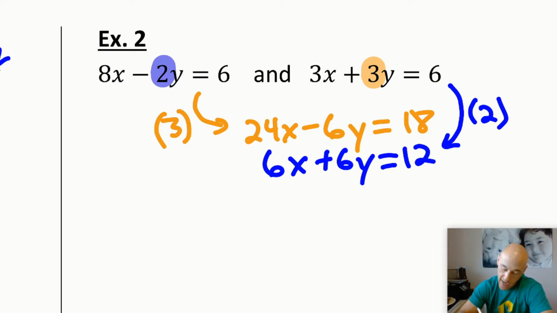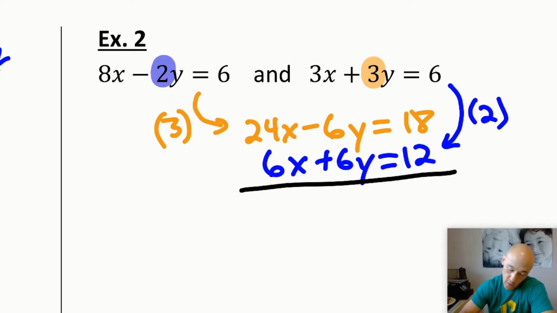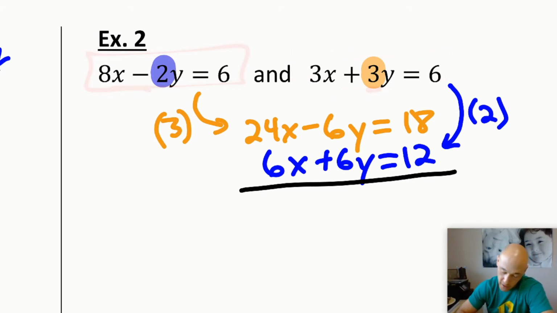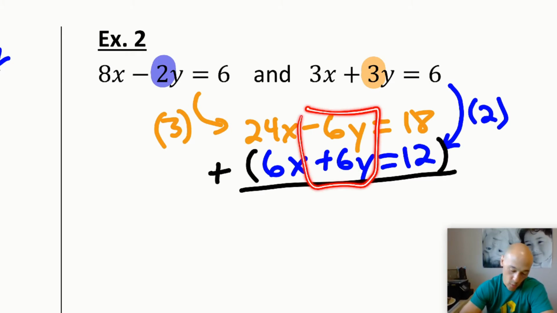And so I decided that I was going to eliminate the y values. So I chose the coefficient in front of each of the y values. I multiplied this equation by this coefficient, and I multiplied this equation by this coefficient. And look, now my y's are set up to be eliminated nicely. So I'm going to add these together because when I do, I will get a 0y.